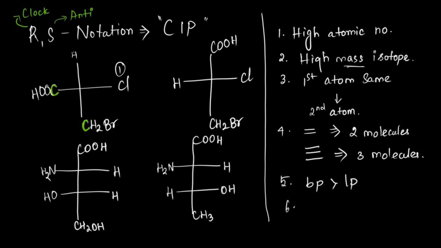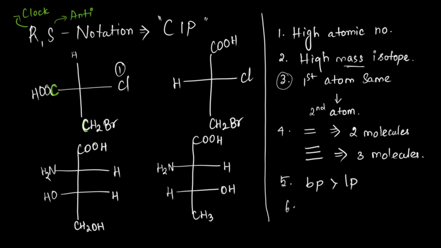Considering COOH and CH2Br, which will get more priority? Both start with carbon, so we have to look for the second atom. That is what rule 3 says, right? So what is the second atom here? Here the second atom is bromine, not hydrogen.